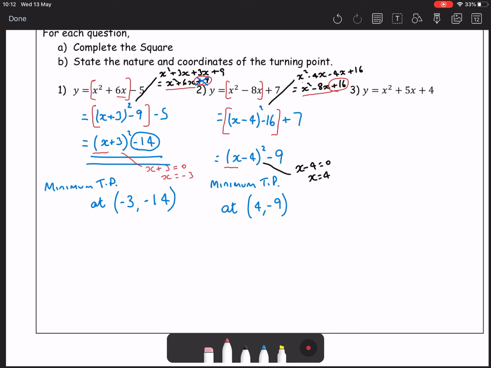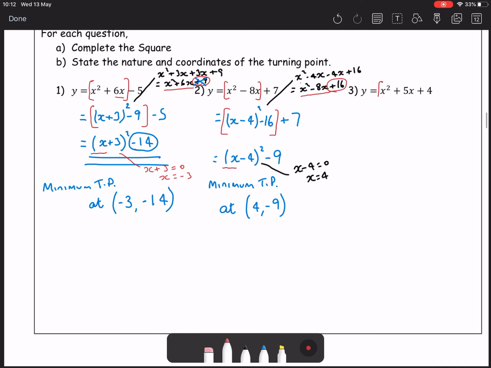And the third example is slightly trickier because my coefficient of x is an odd number. Exact same approach. I'm going to rewrite my red bracket, which does not affect the 4 at all.